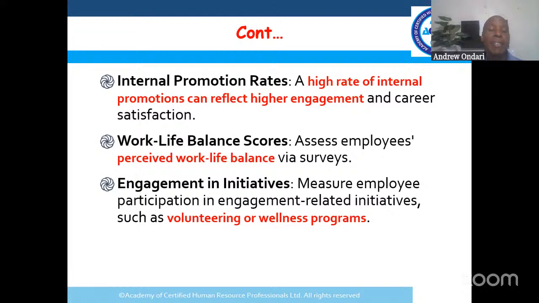And then second last is work-life balance. The environment in which we operate is fairly stressful. And because of this, people may have mental health issues. Those of us who read the newspapers and social media, this week there has been a lot of discussion around mental health, especially in the public sector.